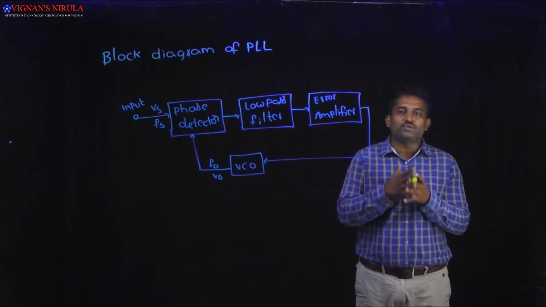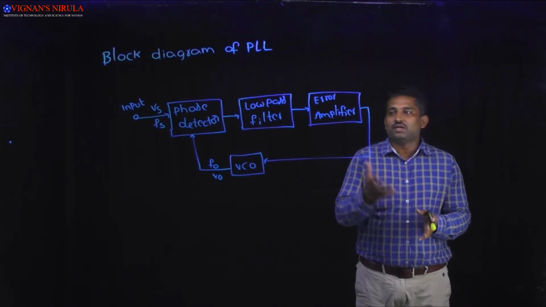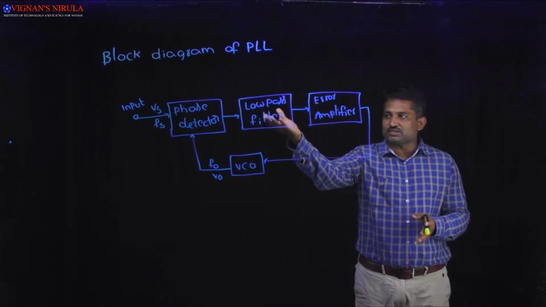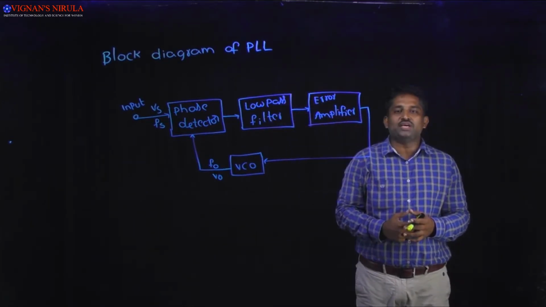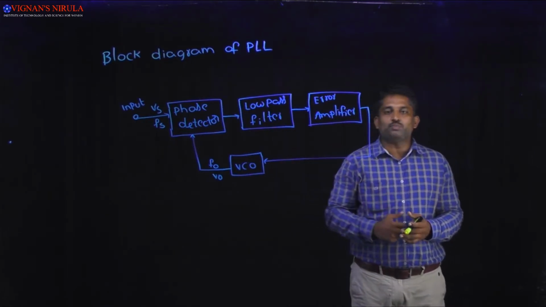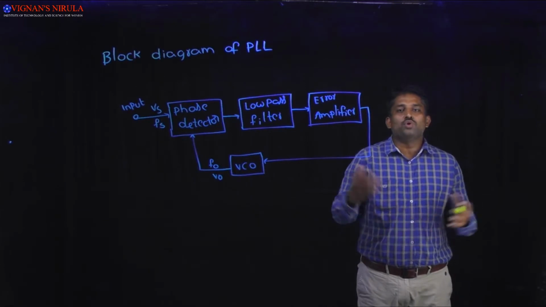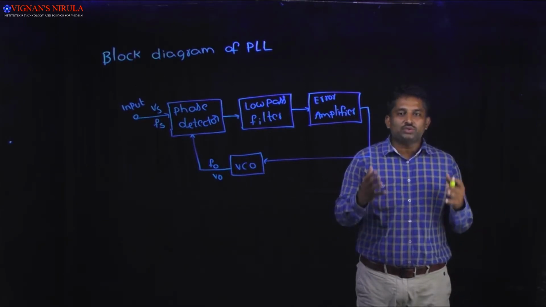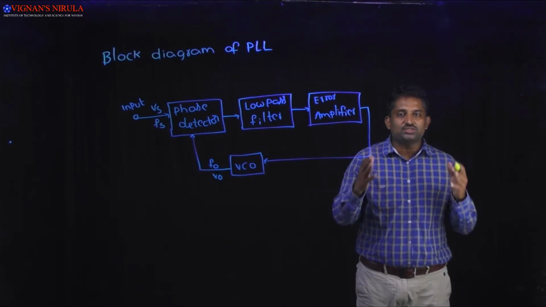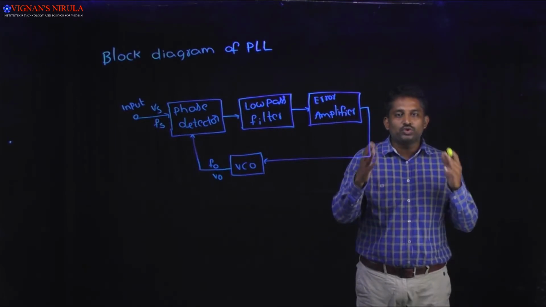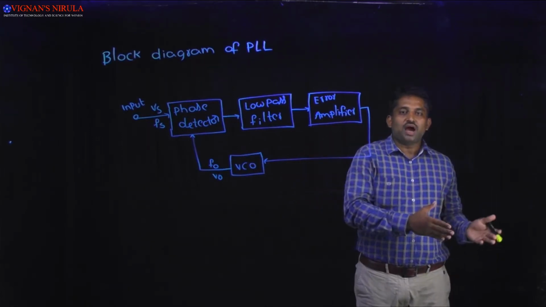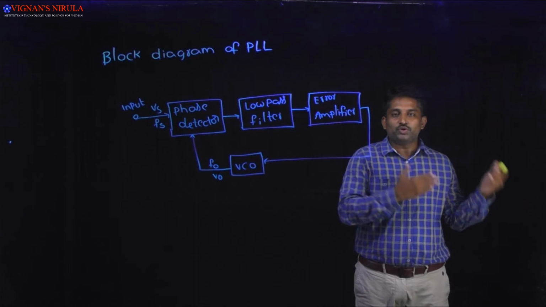The output of the low pass filter, after removing the high frequency components, is the error voltage or control voltage, which will be applied as an input of the VCO, which is nothing but the voltage controlled oscillator. A voltage controlled oscillator is an oscillator circuit which produces an output frequency depending upon the applied input voltage.